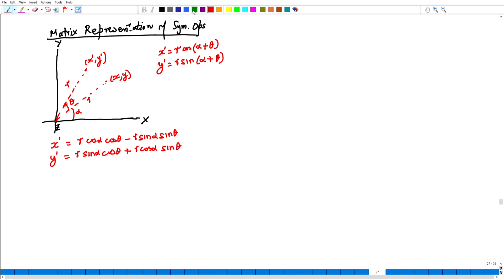And if we look at these two equations, let us look at the term r cos alpha. Now, what is r cos alpha? r cos alpha clearly from the figure has to be equal to x. Similarly, r sin alpha again from this figure would be equal to y. So, this is y and this is x.